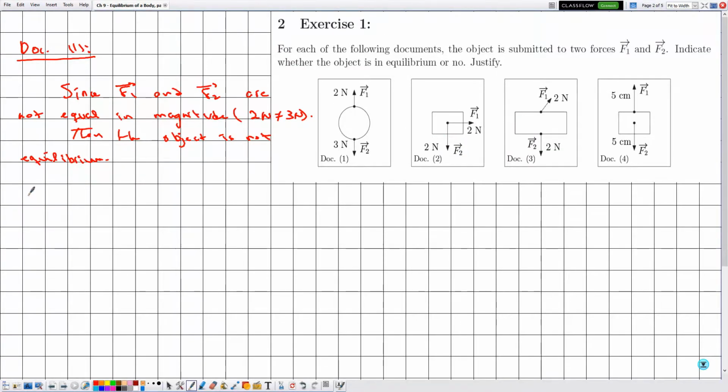So as for document 2, since F1 and F2 don't have the same line of action, and this is because horizontal is different from vertical, then the object is not at equilibrium.